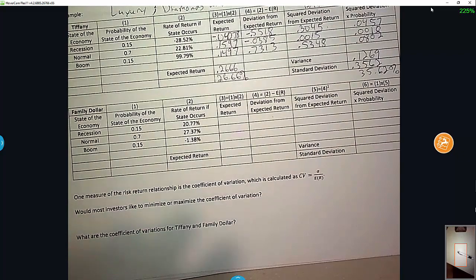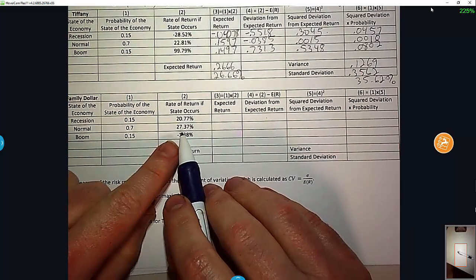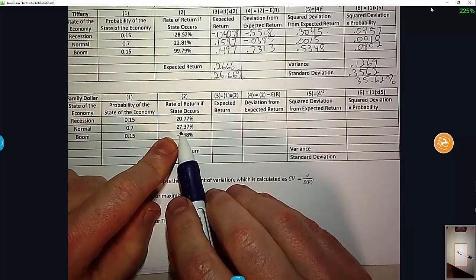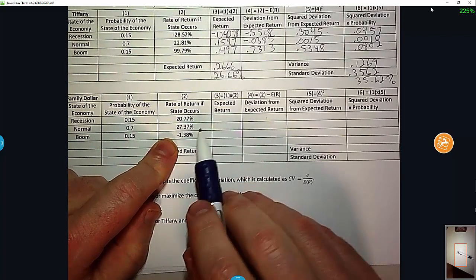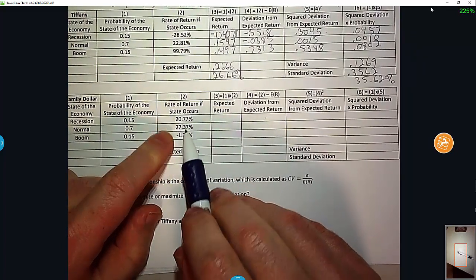So let's go through and work through the Family Dollar values. I'm just going to sit here and work through them. I'll talk a little bit so everything doesn't seem so quiet. I'm just going to do everything like I did before, but what you're going to find here is that the standard deviation is going to be much smaller, because look at the range here. In a normal economy, the return is 27.37%, and in a boom it's negative 1.38%.